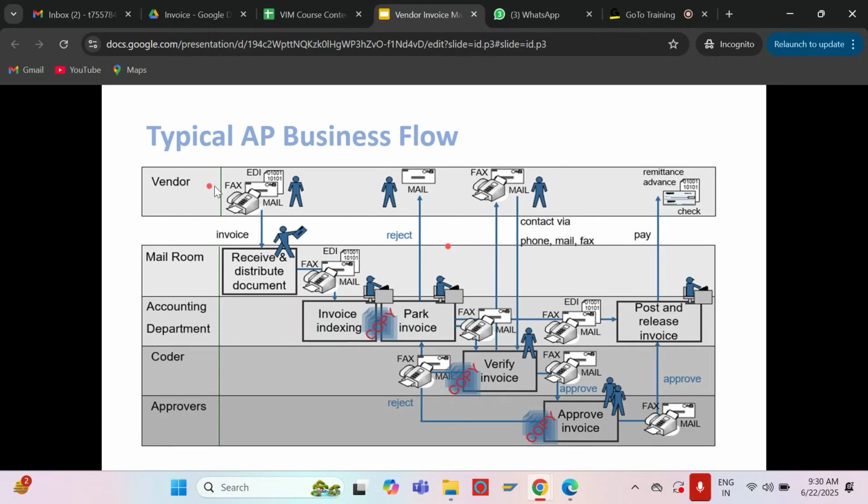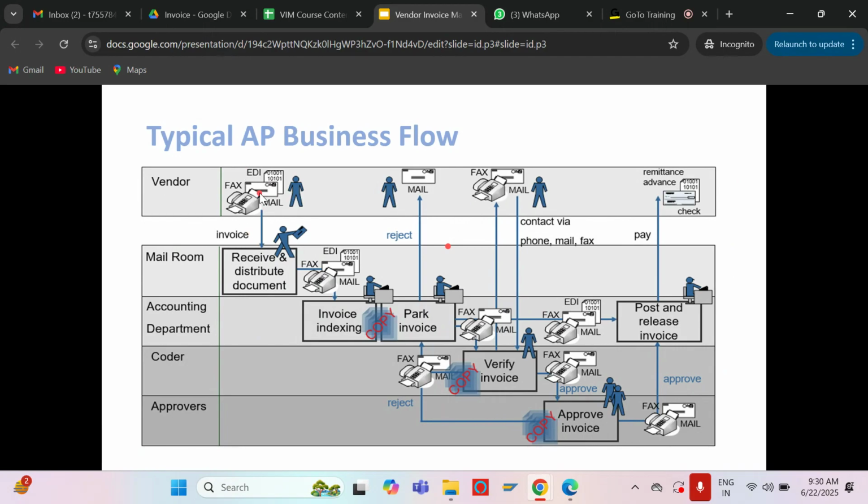So they create the invoice and send it to the particular company from which they want to receive the payment. They will have a dedicated email address, or they can send it through a fax, or they can use the EDI channel, which is the electronic channel. So they can use any of the channels to send the invoices to the company.